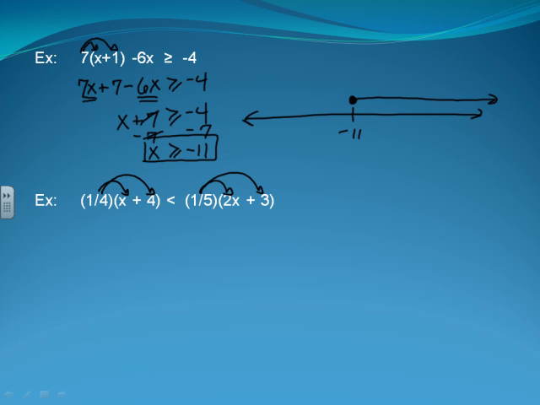We've got, for our first step, 1/4 times x is 1/4 x, plus 1/4 times 4, and remember that 4 can be written as 4 over 1 to make it a fraction, is less than 1/5 times 2x, remember that 2x is in the numerator, plus 1/5 times 3, or 3 over 1.